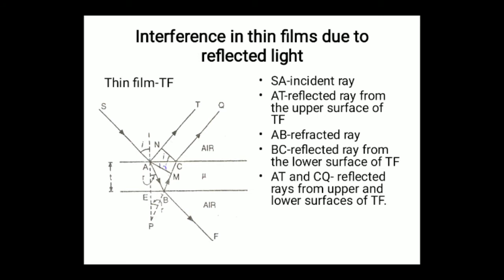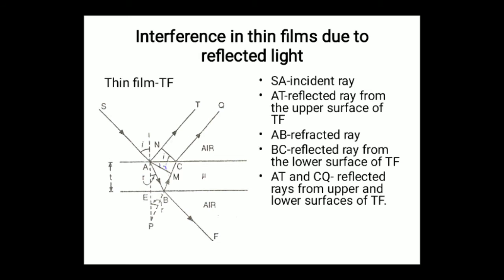Draw CN perpendicular to the line AT from the point C and also draw AM perpendicular to the line BC from point A. In the triangle ANC, the angle ACN is i, and in the triangle AMC, the angle CAM is r, where i is the angle of incidence and r is the angle of refraction.